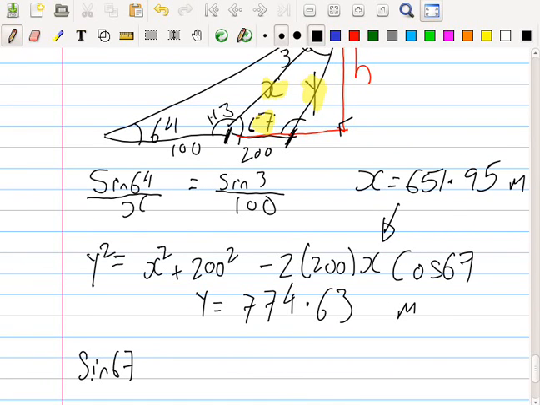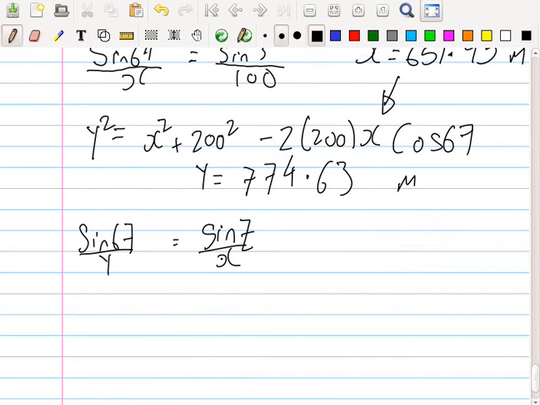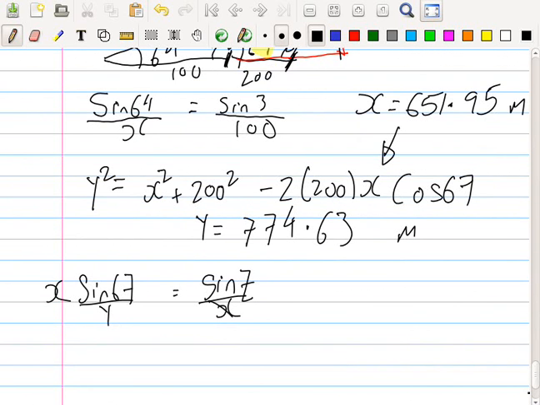Sine 67 over y equals, I'll call this angle z, sine z over x. So take the x up here: 651.95 divided by 774.63 times sine 67.